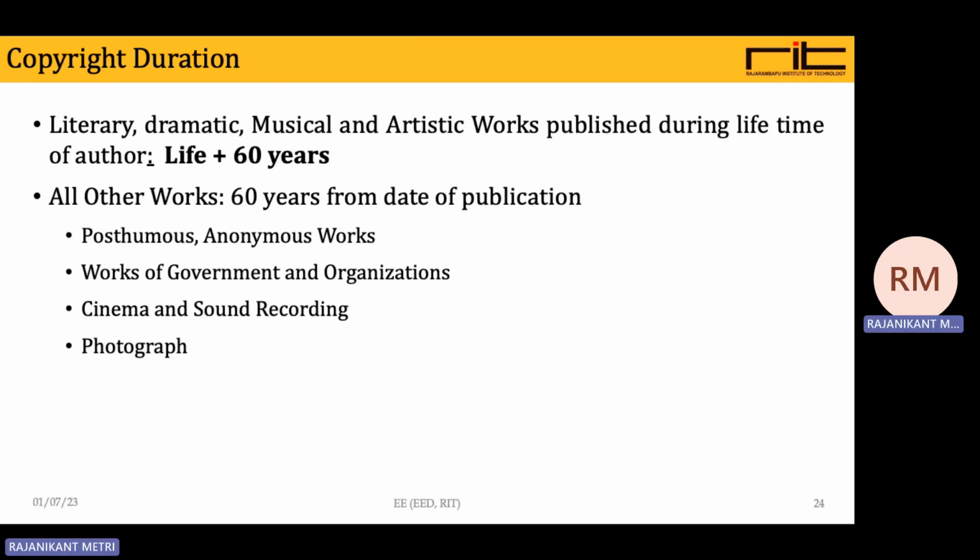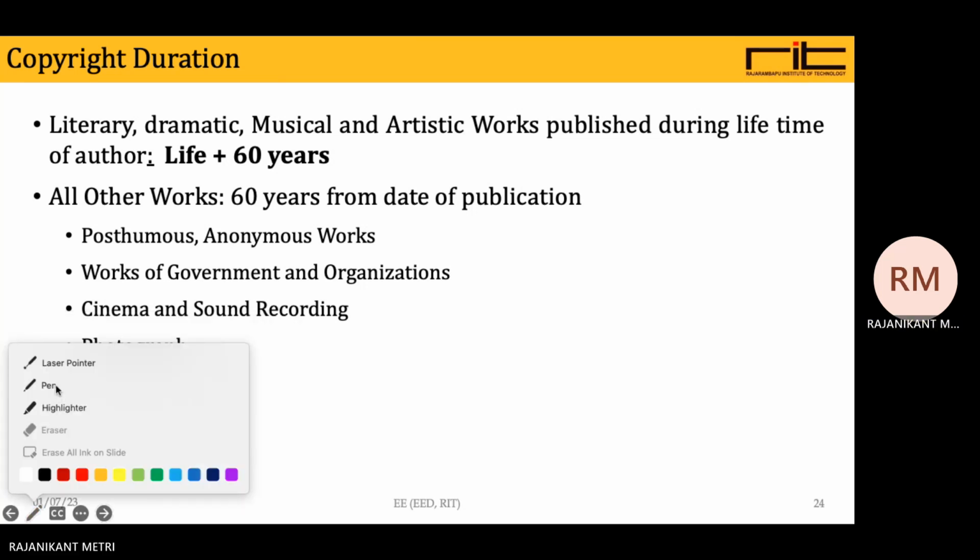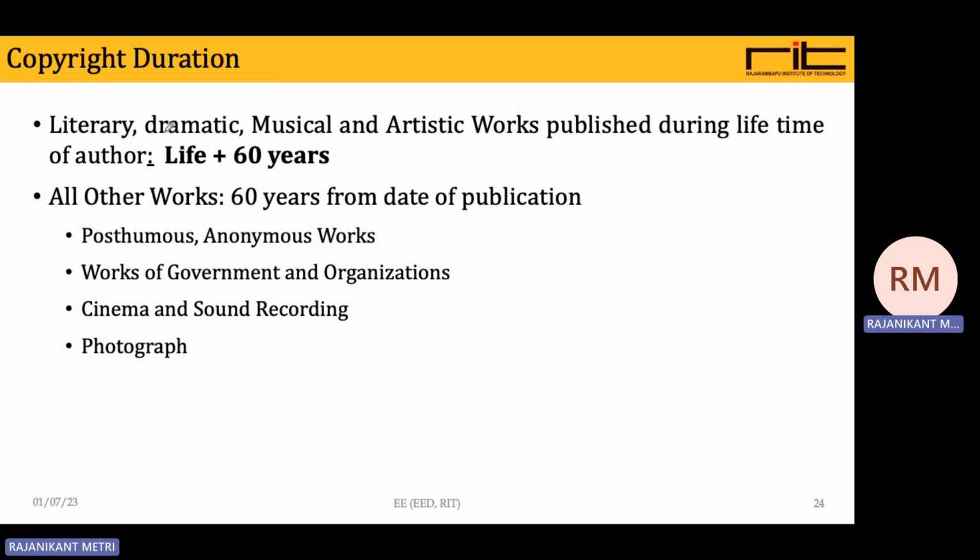Now here come the actual durations. Literature, dramatic, musical and artistic work published during the lifetime of the author is copyrighted for the duration of that person's life or 60 years, whichever is earlier.